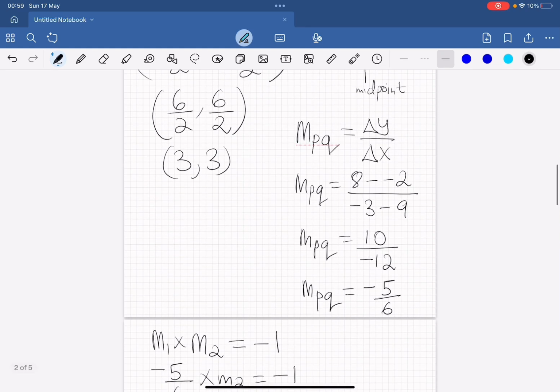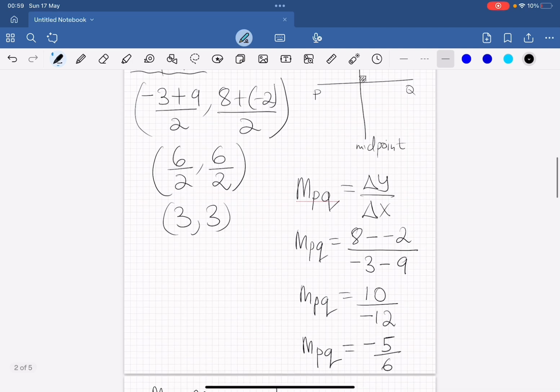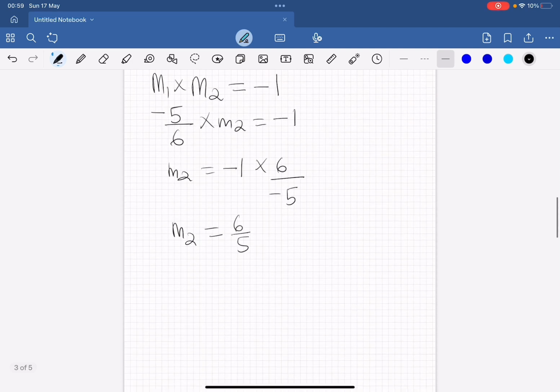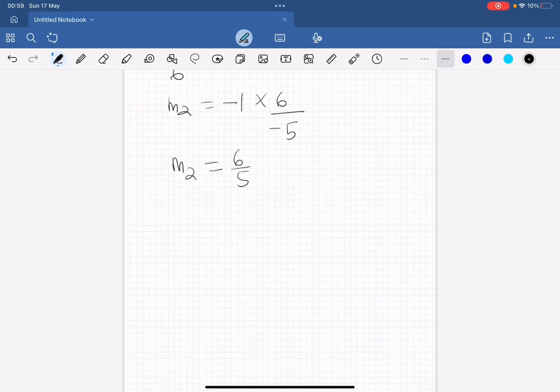Now, this means that I have the gradient which I need for the perpendicular bisector, and I also have the midpoint. Now, this allows me to recall the general expression for a straight line, and then remember that our line has a gradient of 6 over 5, and also passes through the midpoint, which is (3, 3).